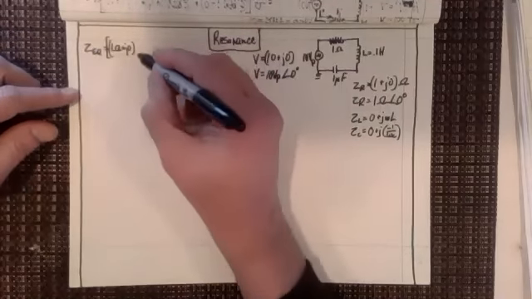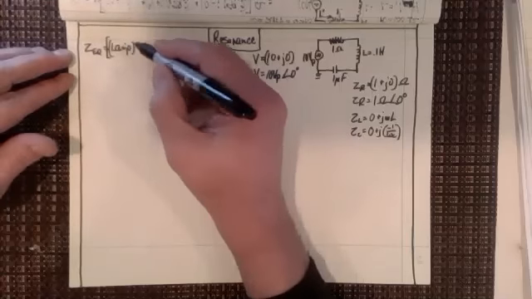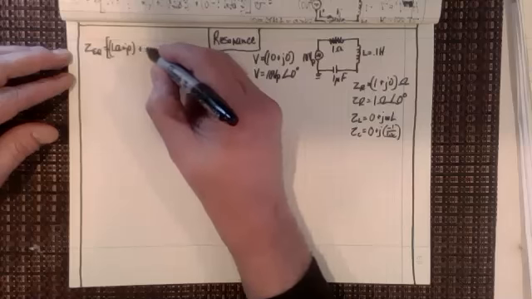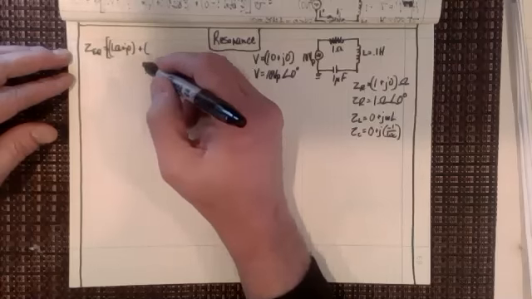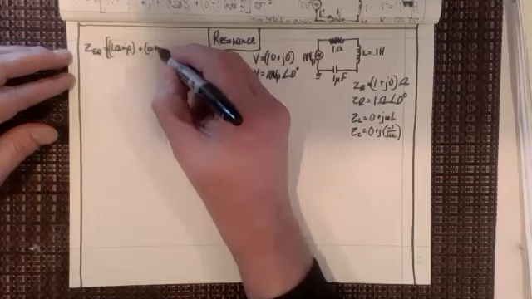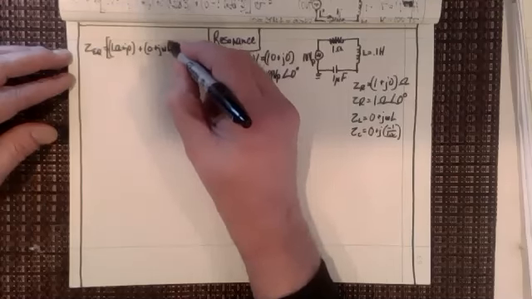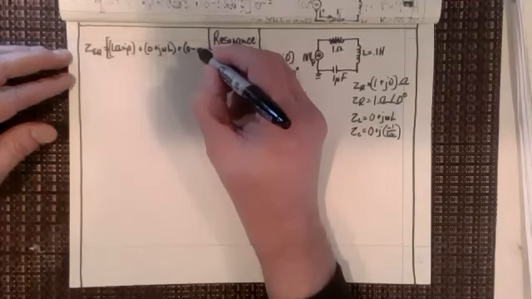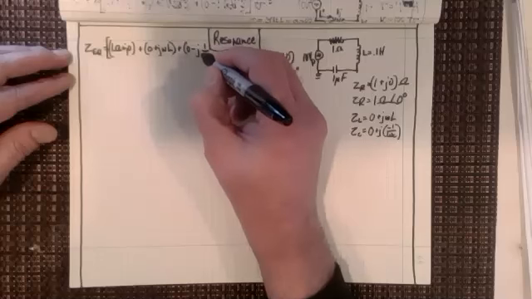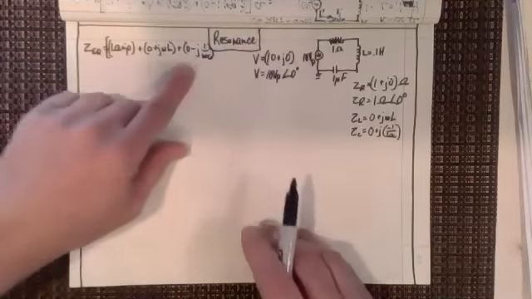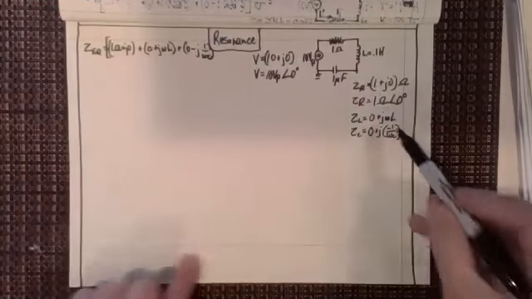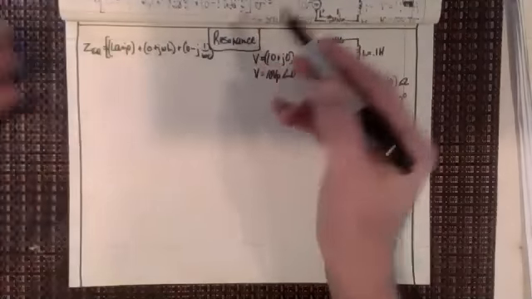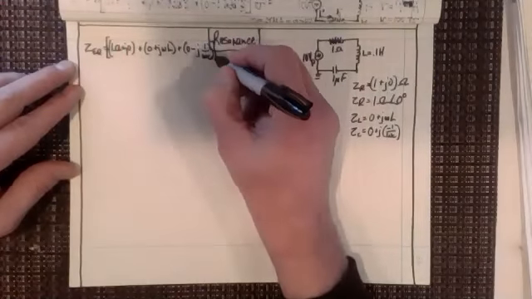Then plus the impedance of the capacitor, in its general form. If you've noticed, I've taken that negative out of the minus 1 over omega C and thrown it out in front, just so that we can add these things together. And of course, those are all ohms.